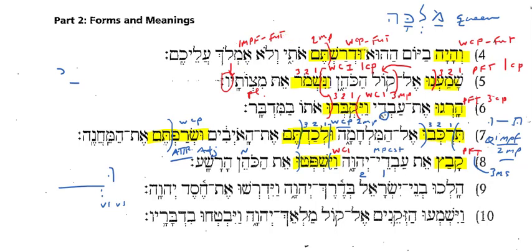Now, why was there a switch from WCPs to an imperfect? Because of the negation, right? If I'm telling you what did happen, I would have used another WCP. But when I switch and say, but here's what won't happen, I'll use velo, and then I go to the imperfect. And that's what happened here. And I will not reign.